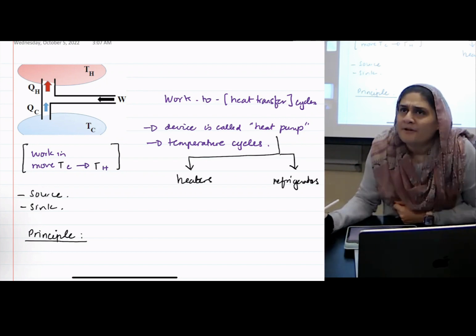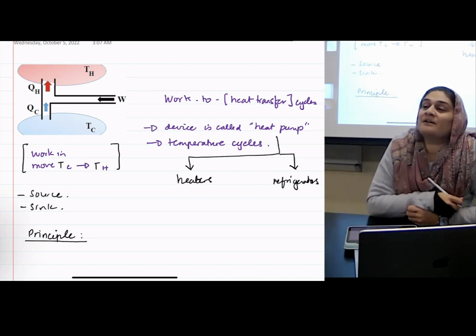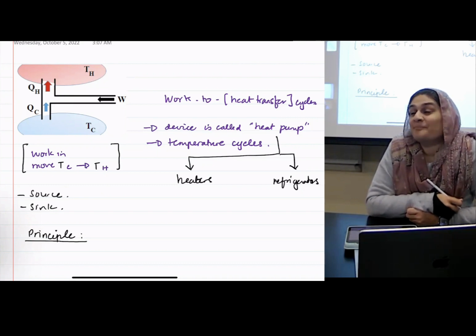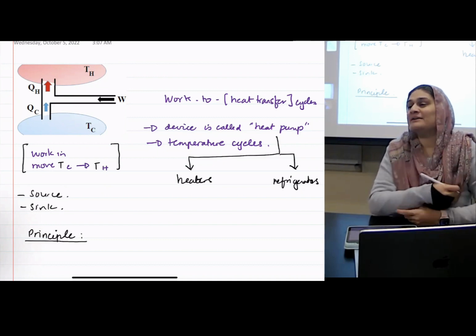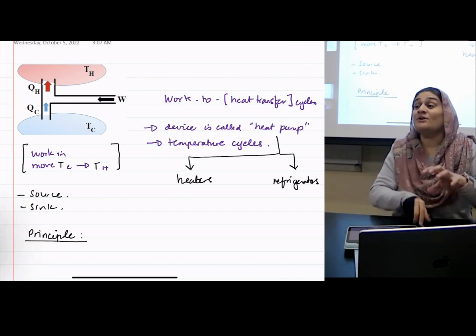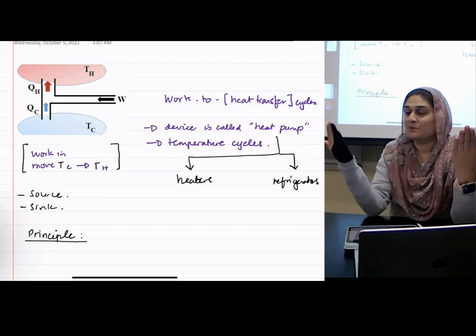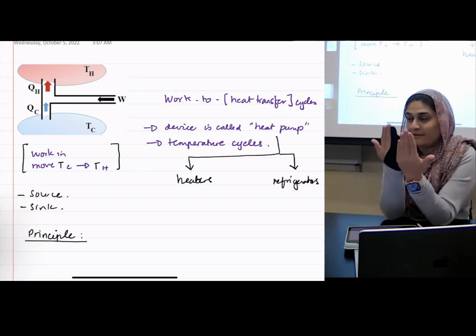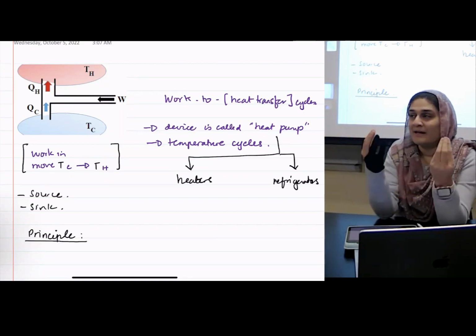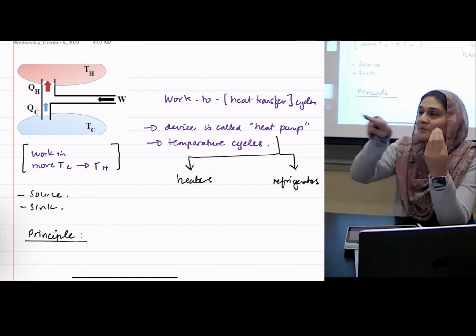So what was our first law of thermodynamics? No, actually, what was our 0th law of thermodynamics? What was our 0th law? If systems A and B are each in thermal equilibrium with a third system C, then A and B are in thermal equilibrium with each other. Good. What does that mean in proper language? If you put two things together, one at higher temperature, one at lower temperature, what will happen? Come to equilibrium, which means one will gain, one will lose. What if you want to move it the other way around?